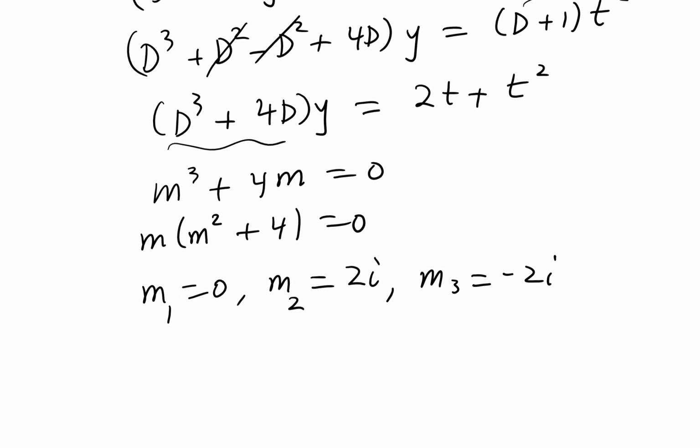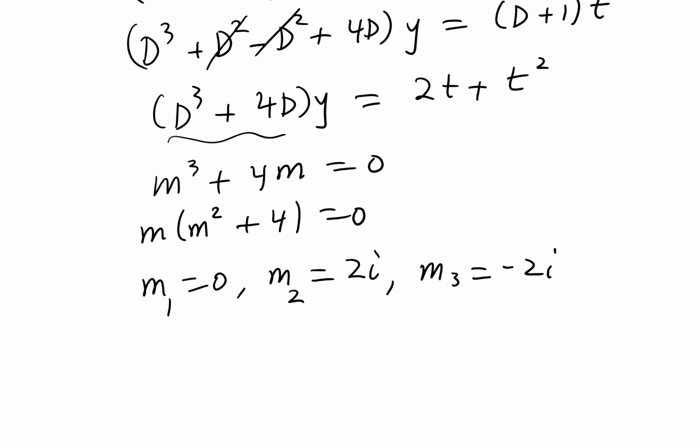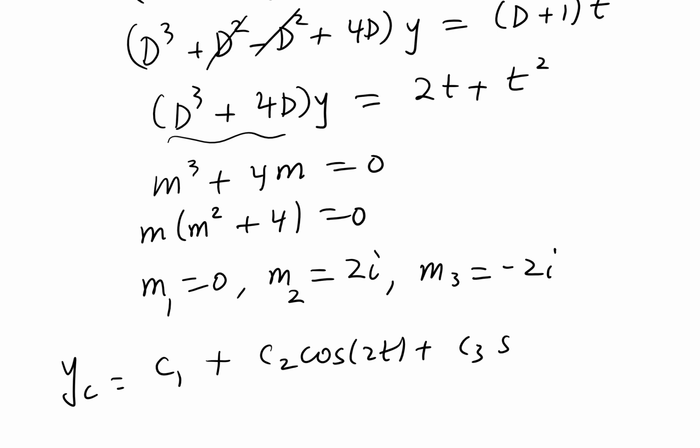So then we can find the complementary solution yc = c1e^(0t), which is c1, plus the complex part, c2 cos 2t + c3 sin 2t.